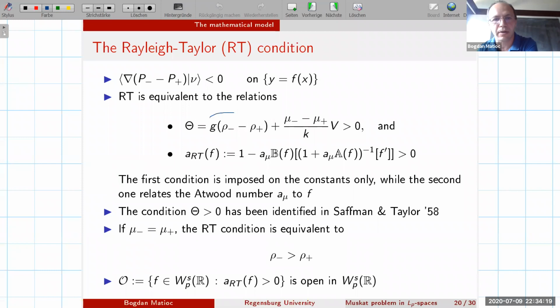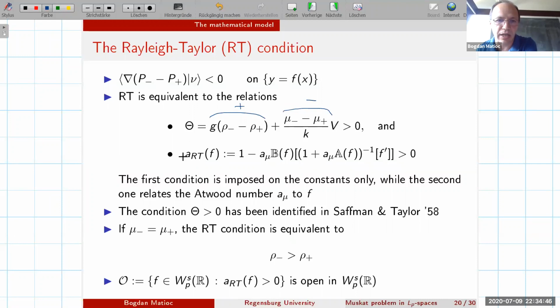Remember, this quantity is positive for the water-oil problem. This constant is negative above a largest value for V, and below it the Rayleigh-Taylor condition would hold.